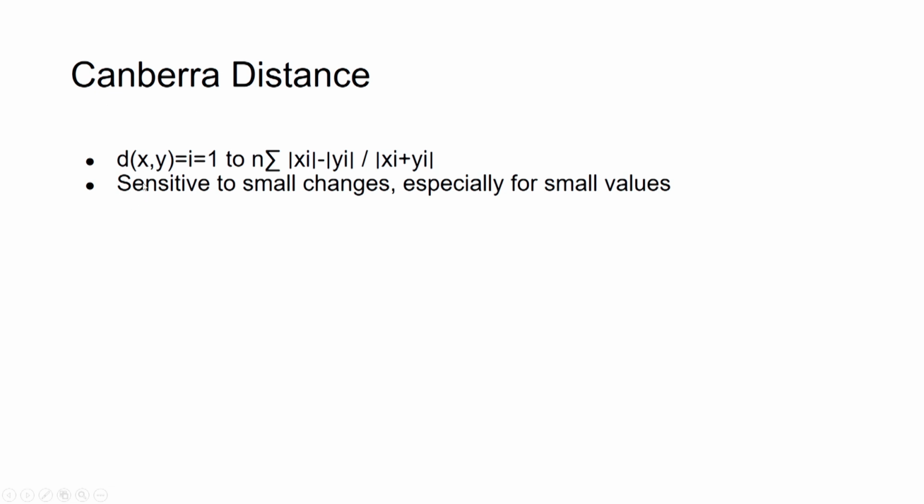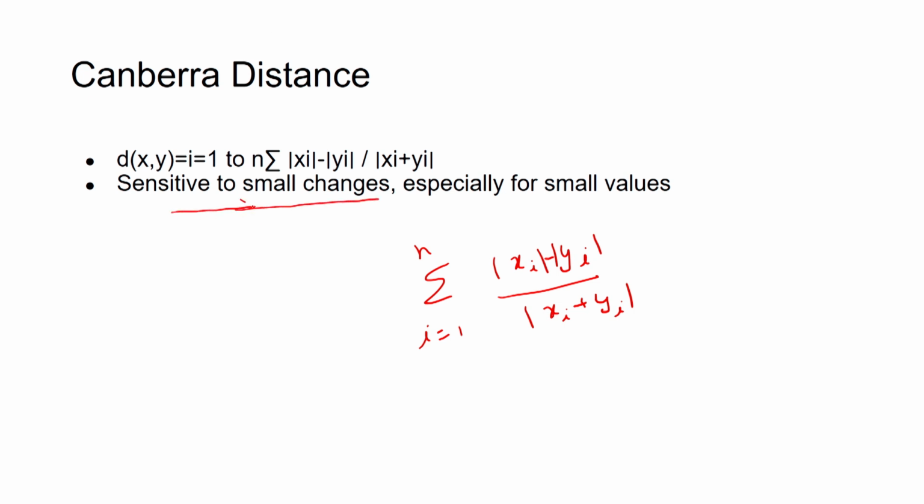This distance is defined like this: it is the summation over i from 1 to n of mod of xi minus yi upon mod of xi plus mod of yi. Here, suppose there are two instances I1 and I2, and there are a few features in which the values are very small, while in other features these values are high.